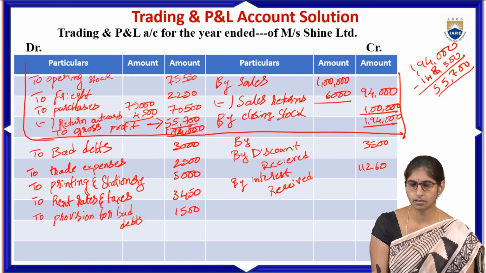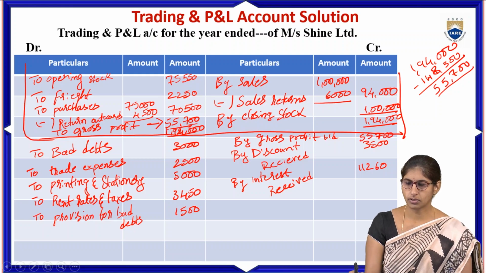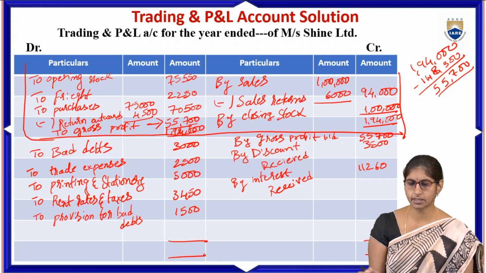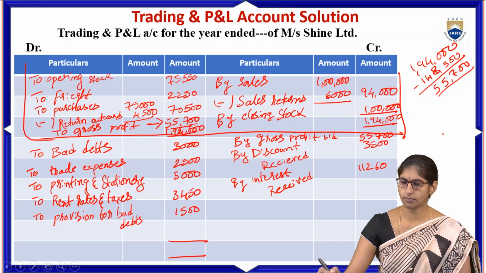Now this is the profit and loss account. By gross profit we have to bring down from trading account, that is 55,700. So now the total of credit and debit side of P&L account has to be evaluated.